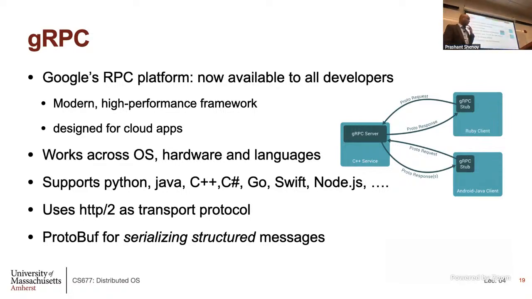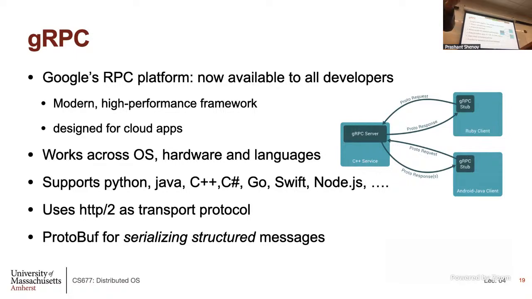And then the last thing that we should know about gRPC is it uses an underlying framework called protobuf, also called protocol buffers. So gRPC is built on top of protocol buffers, which are essentially a language and hardware independent data structure that allows you to send data back and forth. Just as I told you, you have to do serialize, deserialize, and all of this type of stuff. Now you have to make that work across languages.